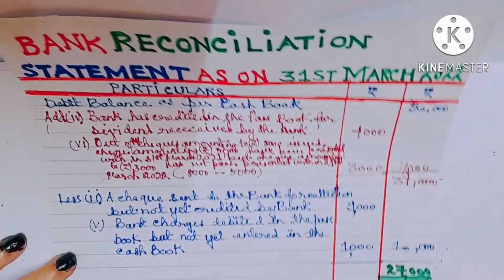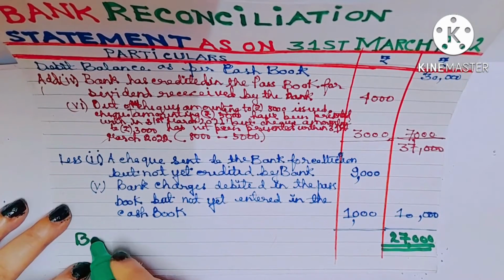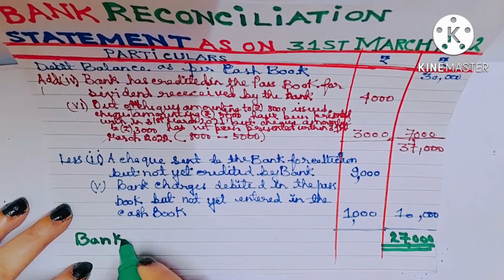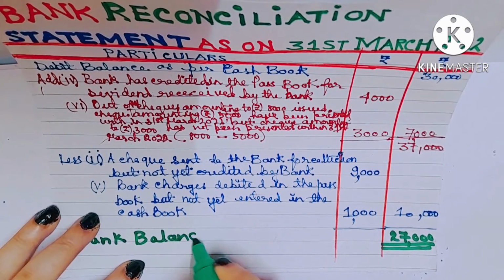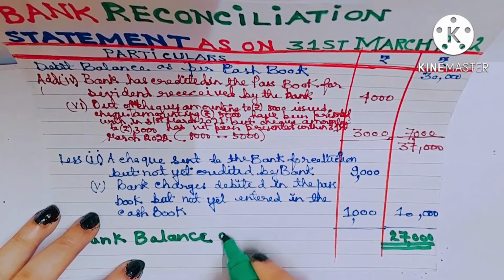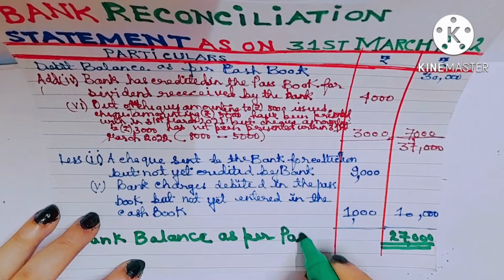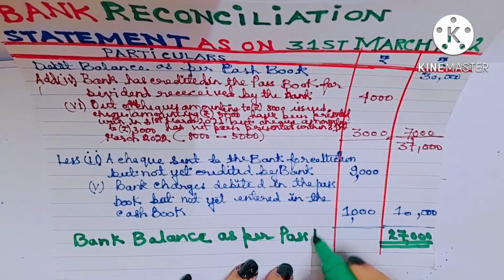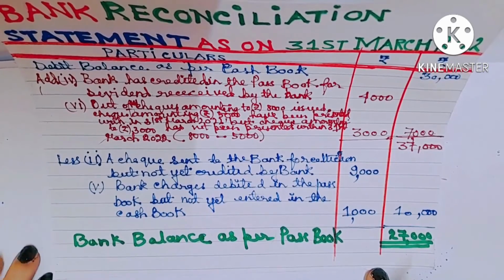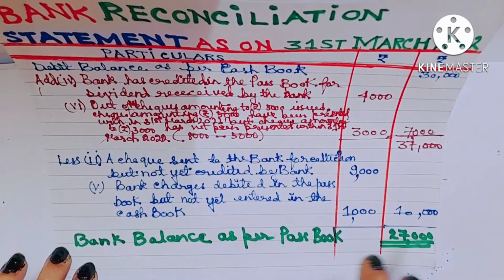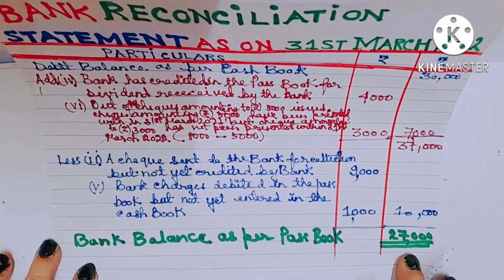Okay, now what is this 27,000? Bank balance as per passbook, or credit balance as per passbook. Both are right. You can write bank balance as per passbook or credit balance as per passbook. Understood?